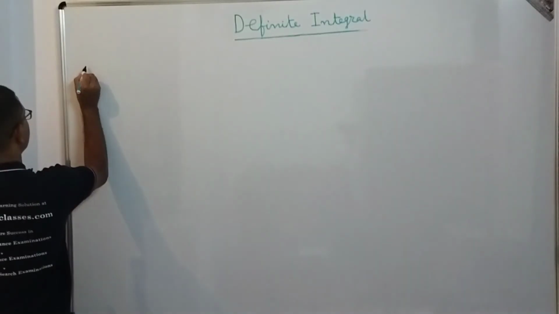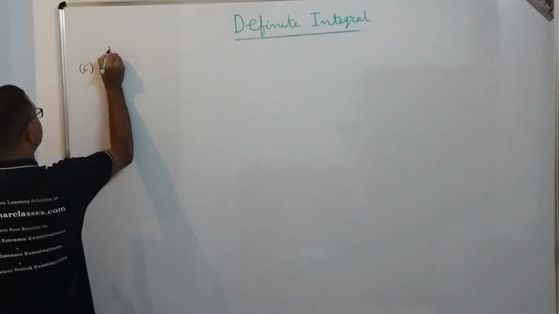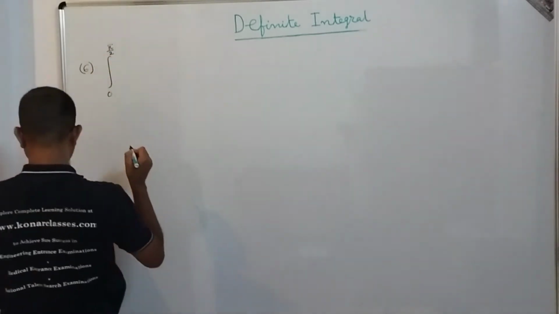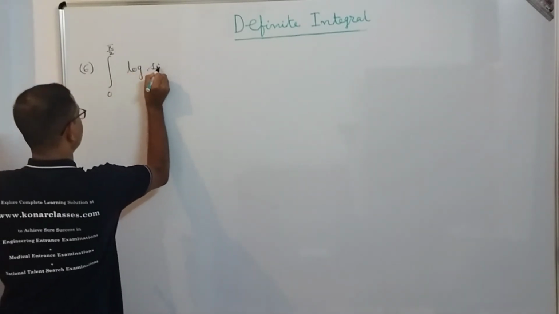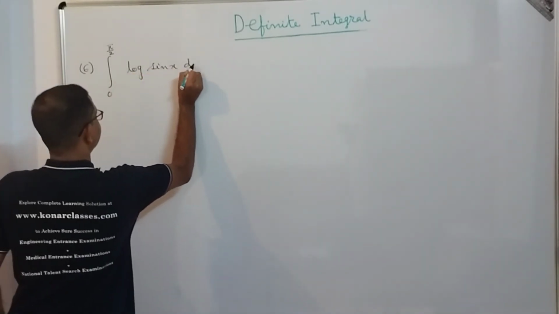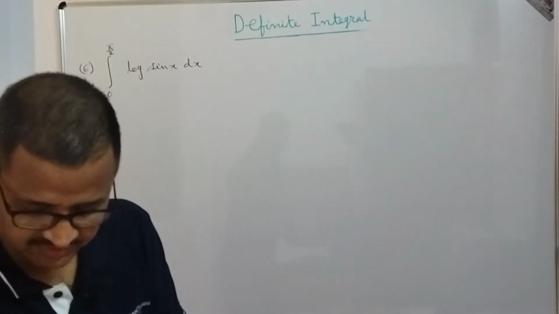Question number 6. Integration 0 to pi by 2 log sin x dx. So how to approach this one?